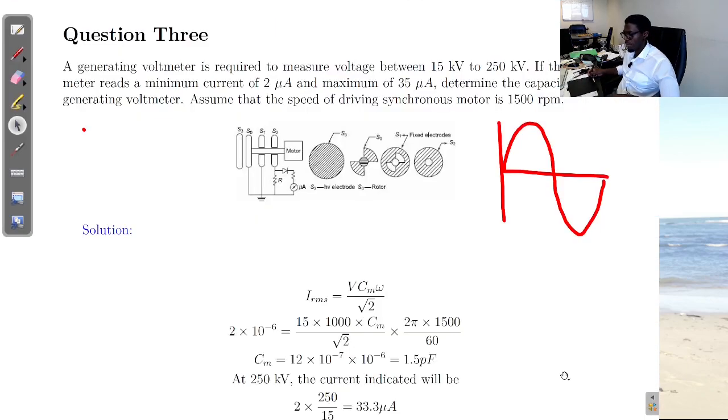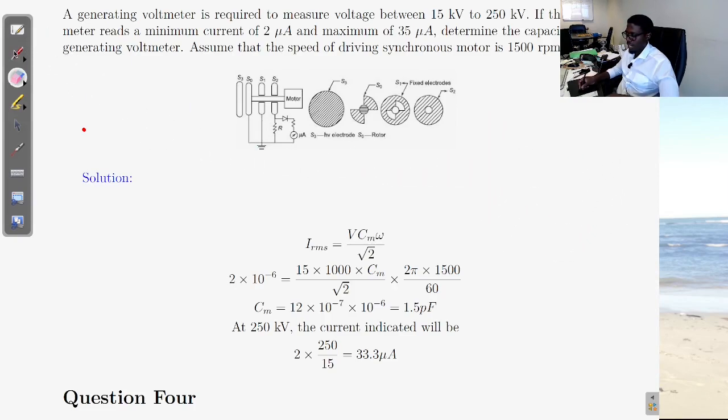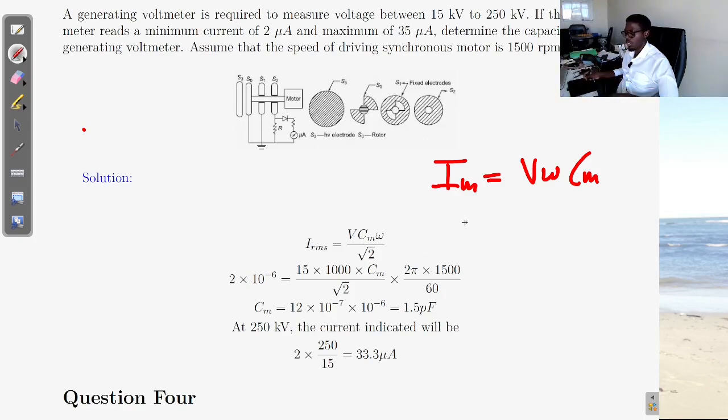So when we get back to the question, this is the RMS current value, and that is how we determine this. It comes from the RMS value being equal to Im, which, if you remember, is V ω Cm, and the RMS value is Im over root 2.